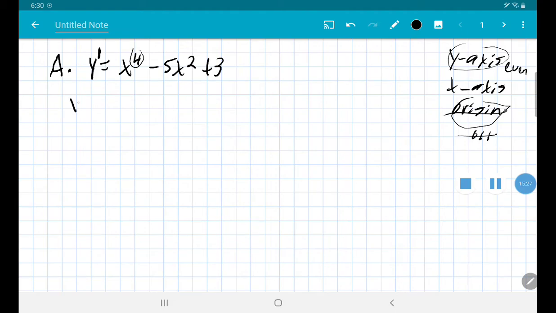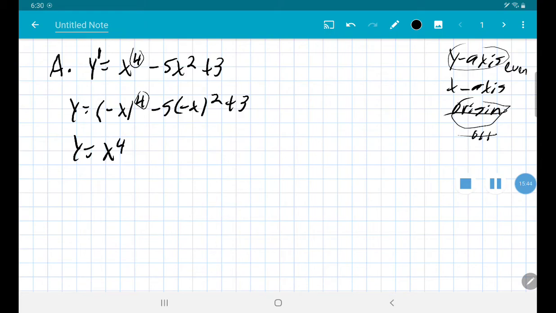For y-axis symmetry, I'm going to replace every x with a negative x, which gives me a negative raised to an even power. That gives me a positive. And then I have a minus 5 here.